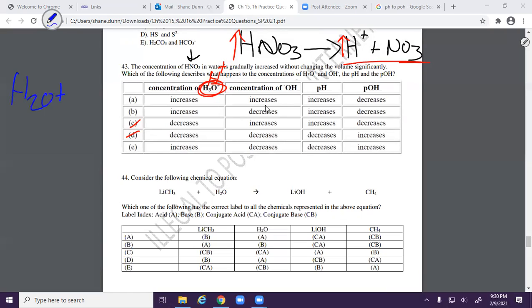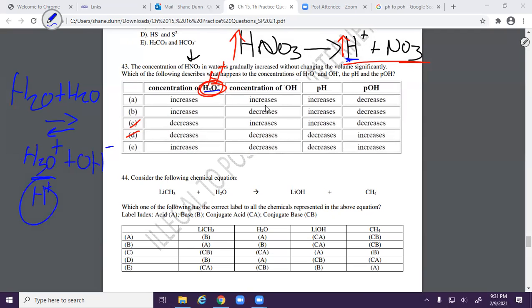H2O plus H2O, and you get H3O plus, which is the same thing as saying just H concentration. So you guys just told me that this guy would go up, which is the same thing as that right there. So that would go up, right?